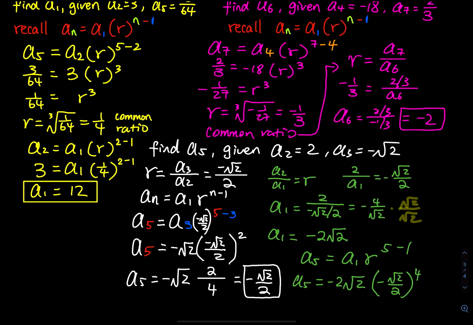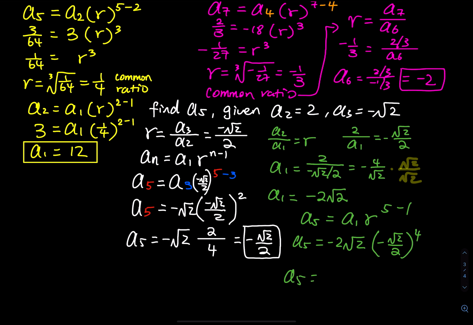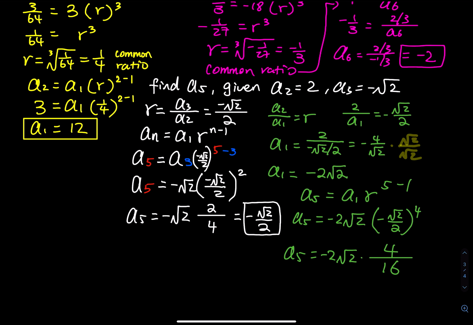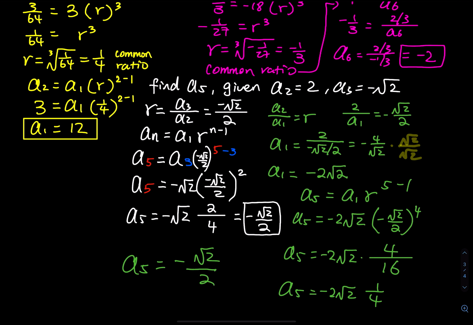This is a5. The bottom is going to be 16, and the top is going to be 2 times 2 equals 4. And then this becomes 2 root 2. I want to do it step by step, 1 over 4, and then the 4 and the 2. So you have a5 equals a negative root 2, and then the 2 and the 4 becomes a 2. So this is another way to get the final answer.